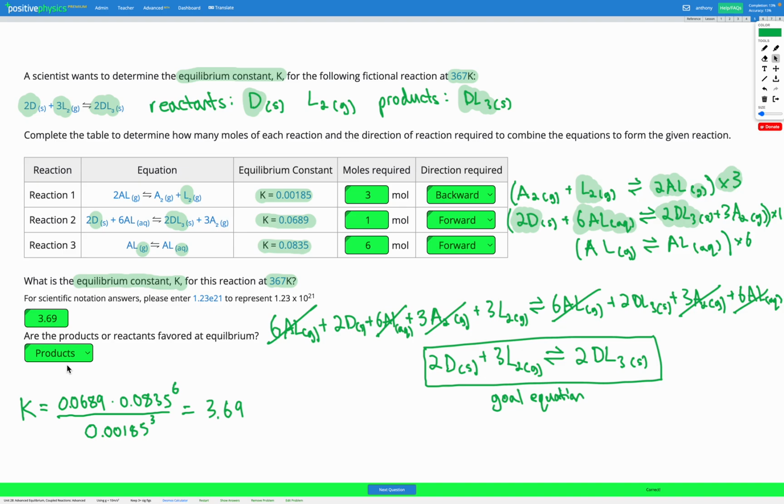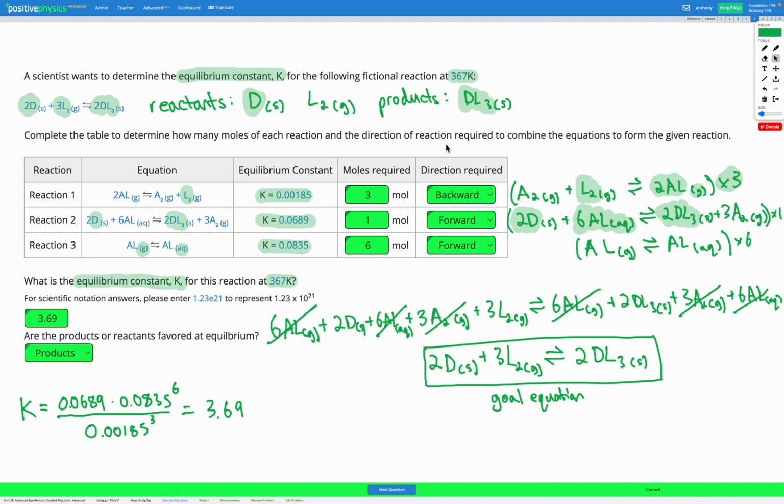So as you can see, this skill is pretty much exactly the same as the previous skill. The only difference is we have some extra steps that we need to include. We're going to follow exactly the same method. So it's identifying our reactants and products in our goal reaction, seeing where those appear in our step reactions to help us decide the direction that we need. Then we need to figure out how many moles of each step reaction we need so that they add up to give us that goal reaction.